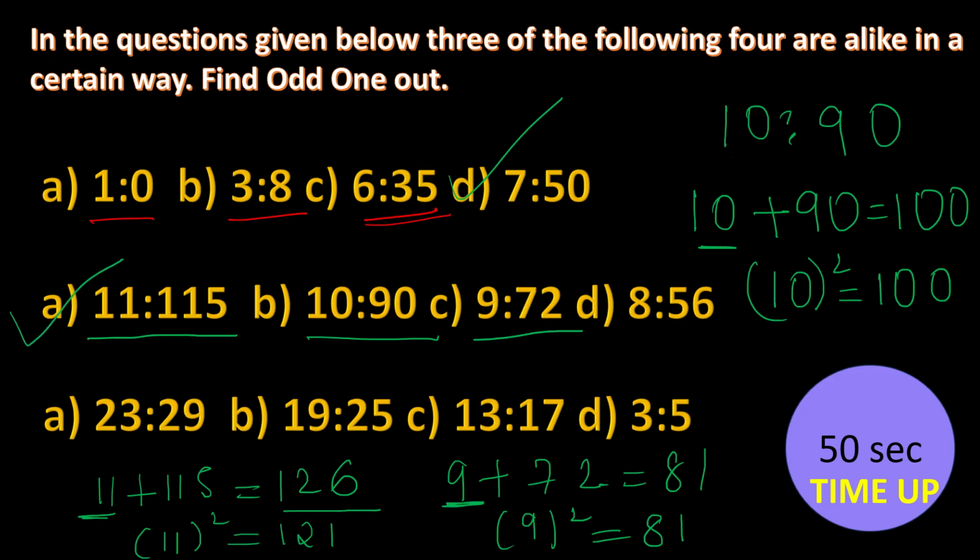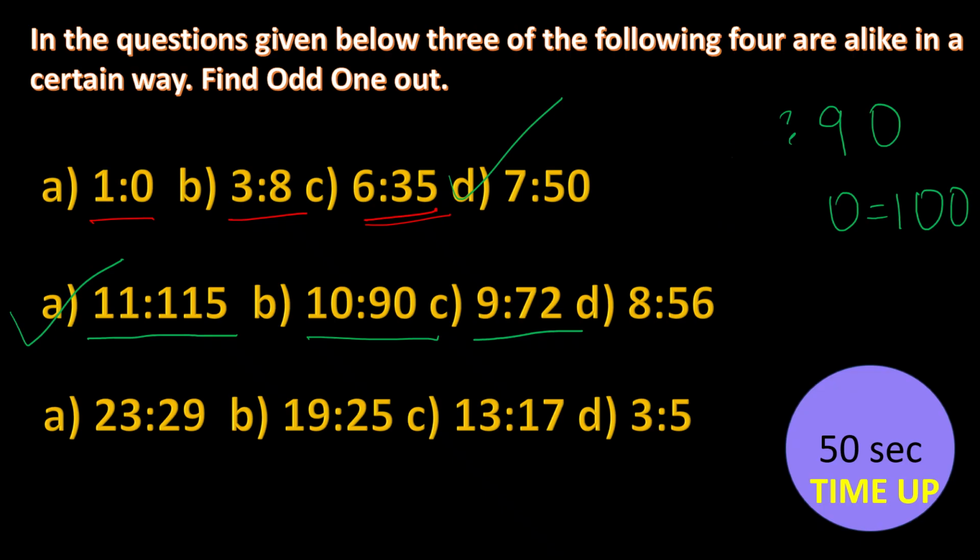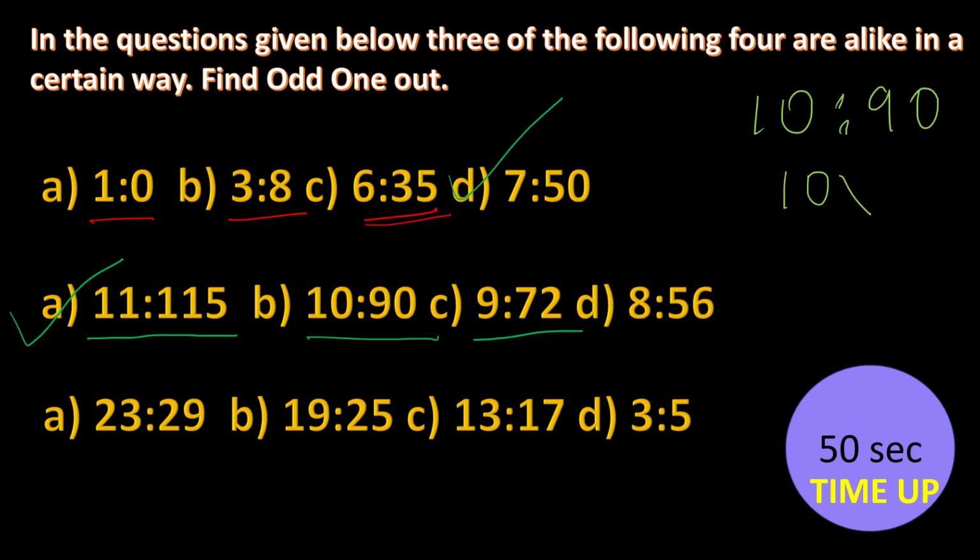Okay. Another logic for this is, this first logic is slightly complicated. Okay. So another logic, if you check, that is slightly easier. So if you say 10 is to 90, 10 into 9 will give you 90.